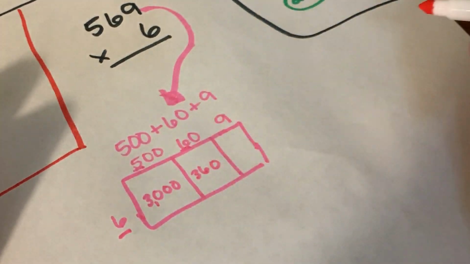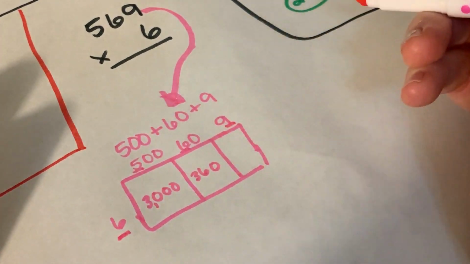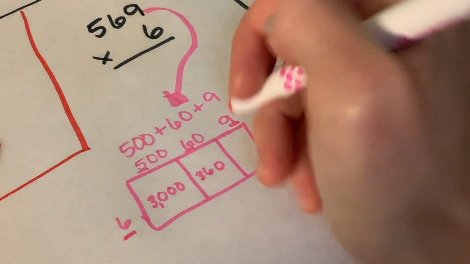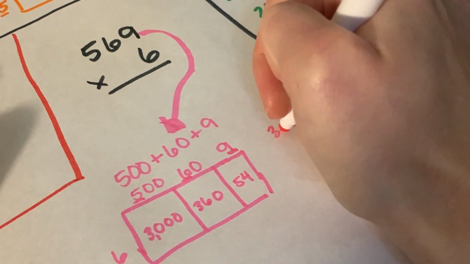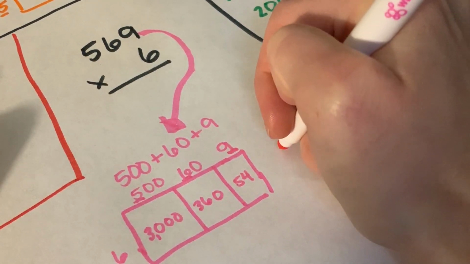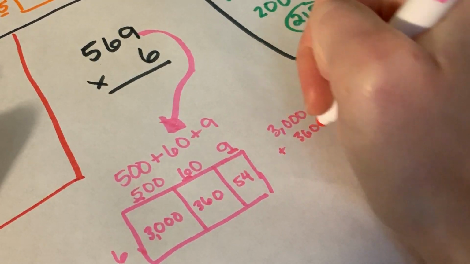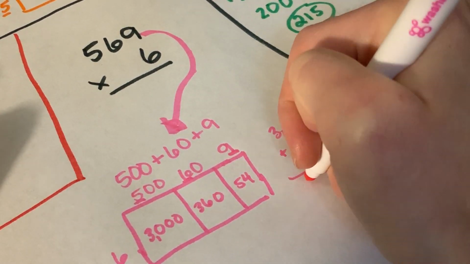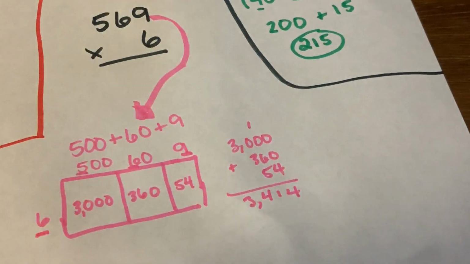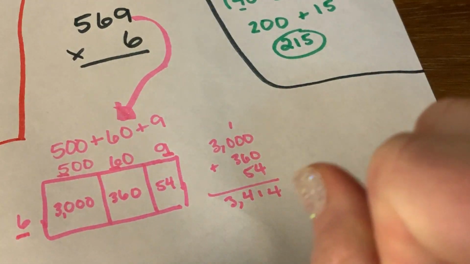Tack on 1 zero. 6 times 9 gives me 54. Then I'm going to stack these 3 numbers, and I'm going to solve. 3,414. So if you got that, you are right.